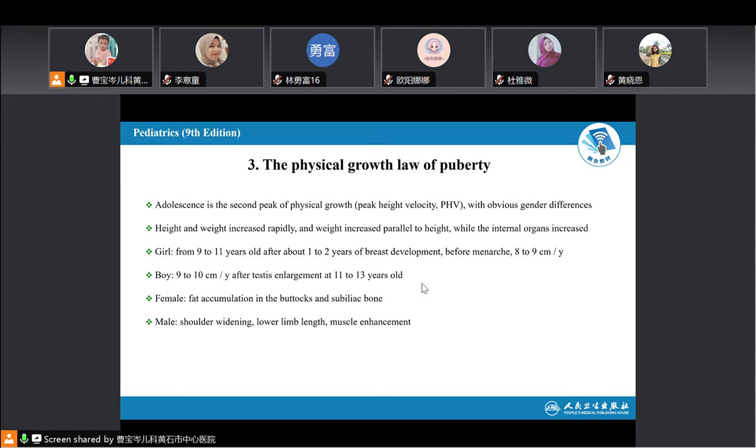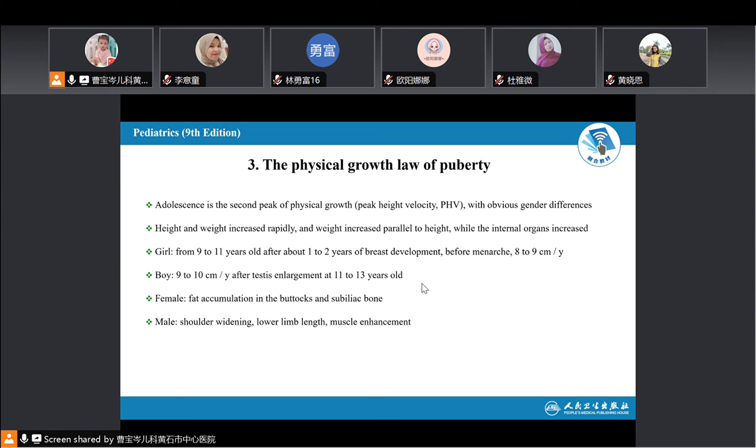Height and weight increase rapidly, and the weight increase is parallel to height, while the internal organs increase in girth. For girls, from 9 to 11 years old, after about 1 to 2 years of breast development, height increases 8 to 9 centimeters per year.